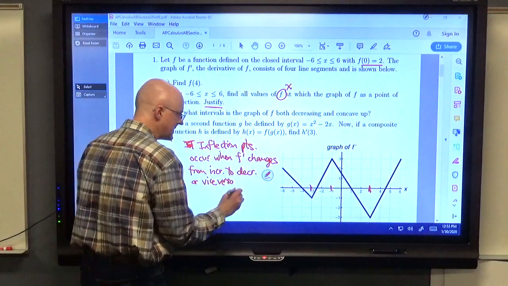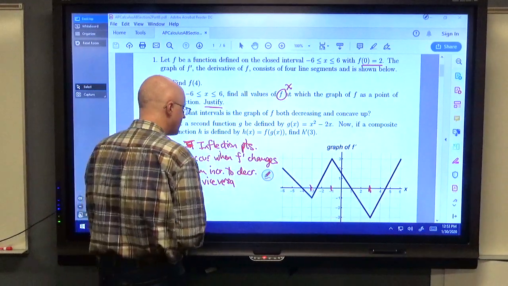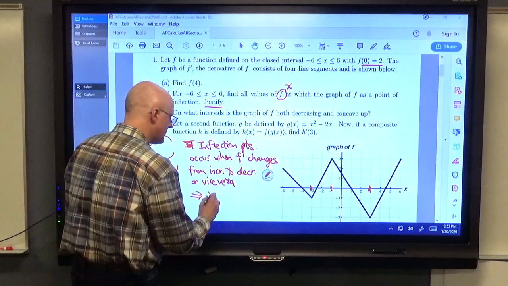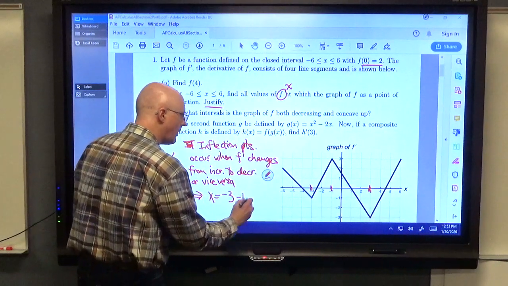You could also say the second derivative changes sign. Either reason is valid. So the answers are x equals -3, -1, and +3.